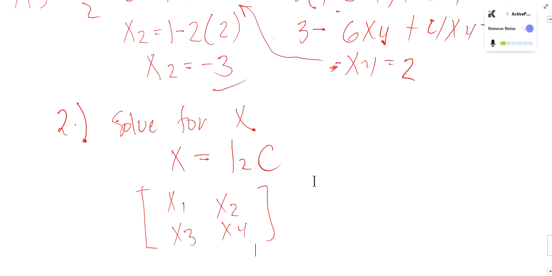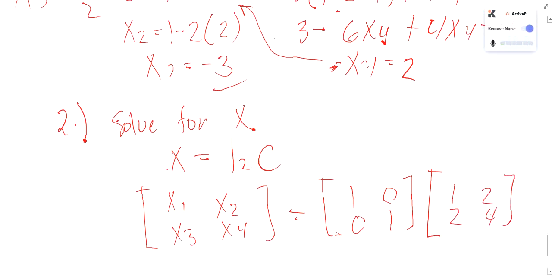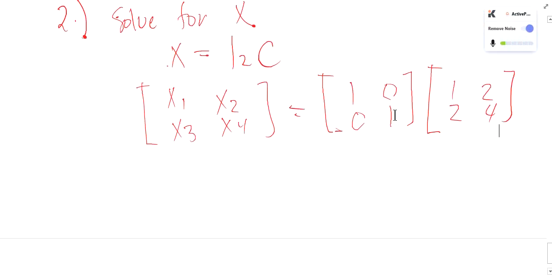So yung I2 natin, yung identity matrix, 0, 1, times c, which is 1, 2, 2, 4. So ano yung magiging value natin ng x1, x2, x3 and x4? So i-multiply muna natin itong I2 times c, identity matrix natin, and then matrix c.